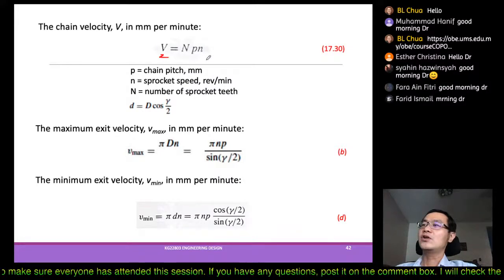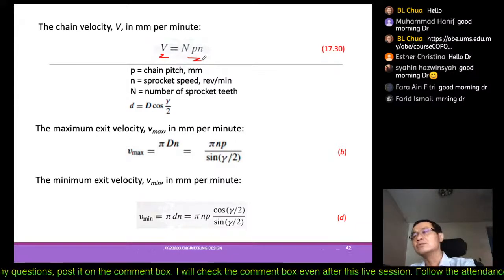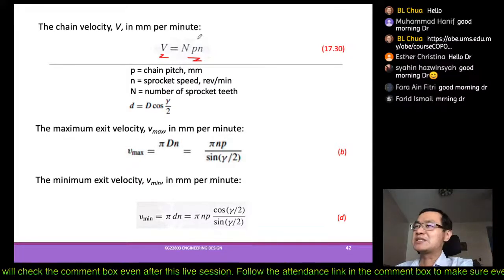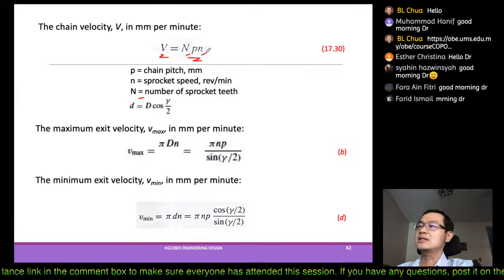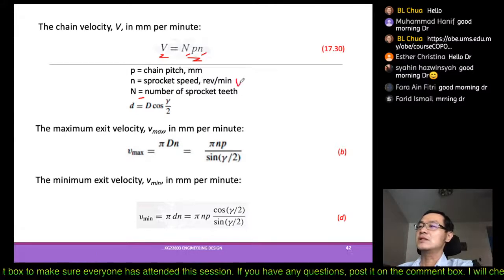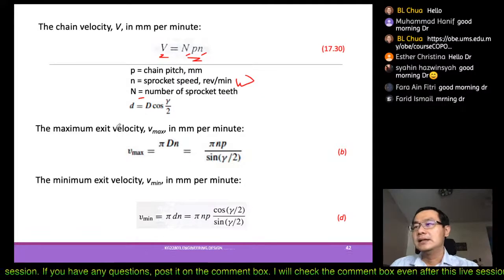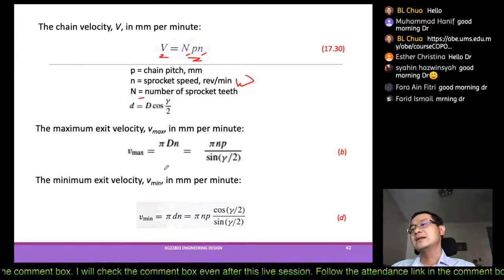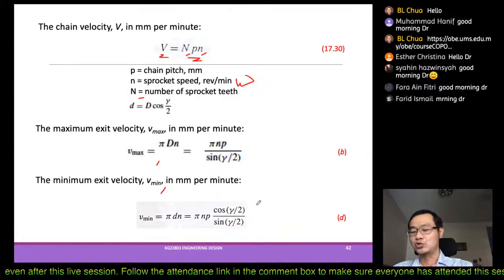This is very similar to what is in the belt, right? But then we re-express them in terms of the number of sprocket teeth, the sprocket speed, and so on. The sprocket speed is our omega. From these equations we can also estimate the maximum exit velocity and the minimum exit velocity through these two equations.